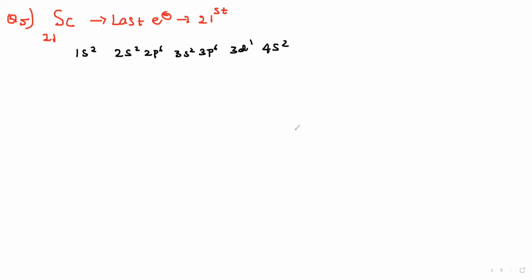Listen, actually, this is for the 21st electron. You got the point? Because the s orbital fills first, then we go for the d orbital, right? But this is our rule: 1s2, 2s2, 2p6, 3s2, 3p6, 4s2, and 3d1. Understand? First the 4s electron is filled, then we go forward to the 3d electron.